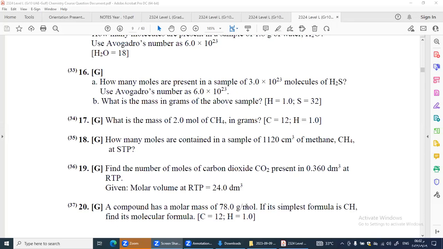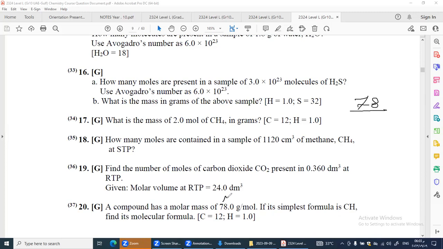A compound has a molar mass of 78 gram per mole. Its simplest formula is CH. Find its molecular formula. Okay. Empirical mass is the simplest form to get the molecular formula. So, molecular formula equal molecular mass over empirical mass. Molecular mass equal 78.